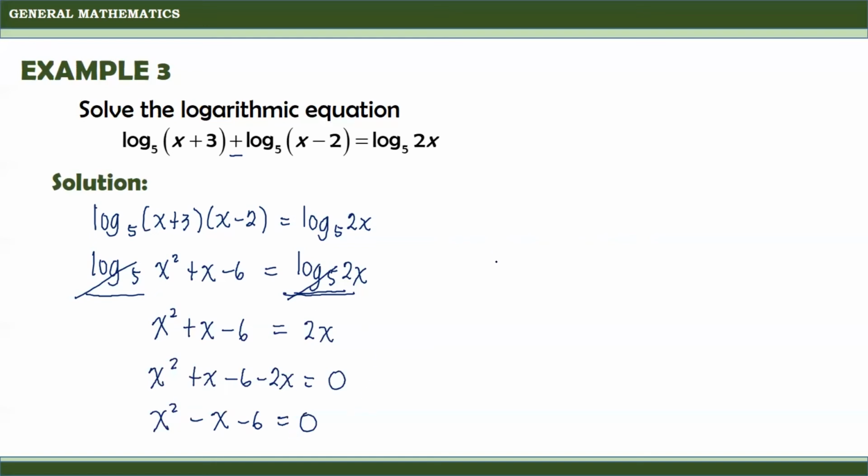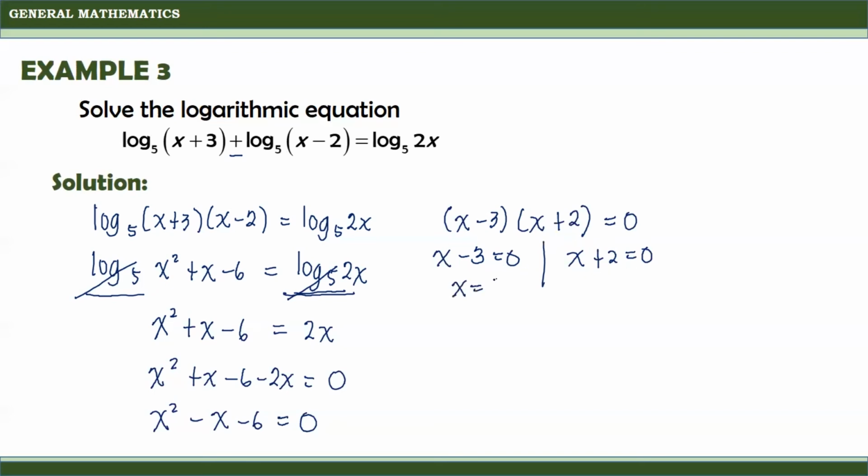Since we have here a quadratic equation, therefore, we can solve the value of x by factoring. Factoring x squared minus x minus 6 equals 0, we're gonna have x minus 3 times x plus 2 equals 0. Equating both factors to 0, we're gonna have x minus 3 equals 0 and x plus 2 equals 0.